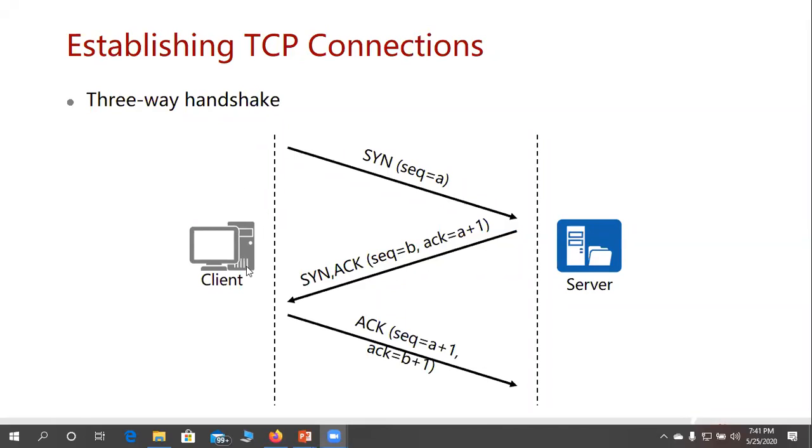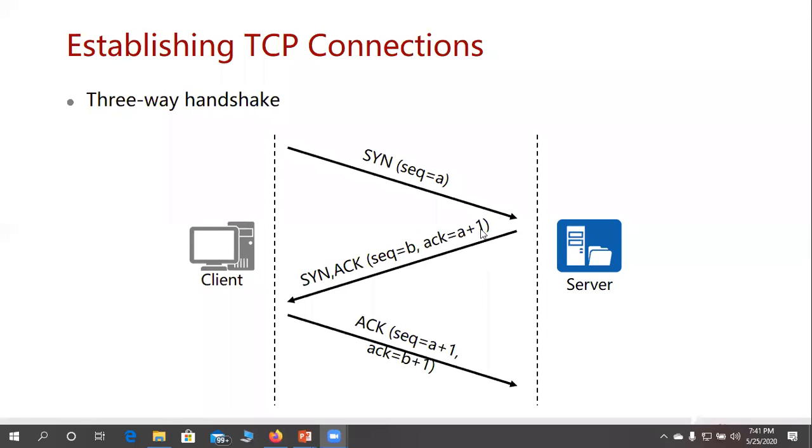That is, when this client and the server want to communicate, the client, first of all, sends a message, which we call a SYN. So it is going to be given a sequence of A. And then the server will reply with a message called SYN-ACK. So you can see here, the sequence will be B, but the acknowledgement will be A plus 1.